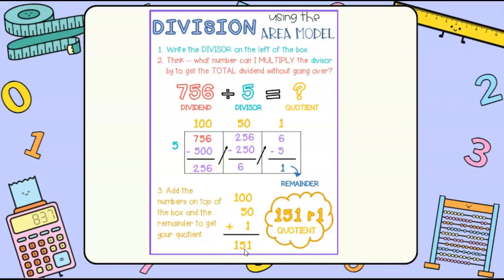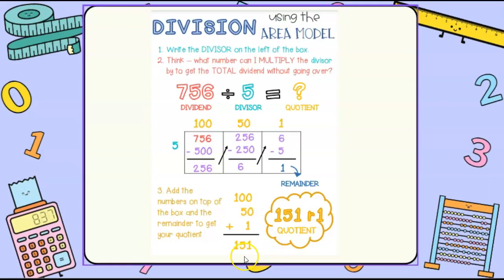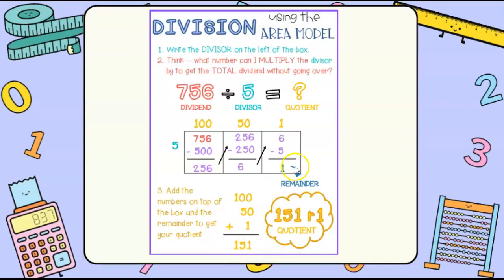The quotient is going to be 151 with whatever that remainder is. I will write my answer with the quotient first and then the remainder at the end. 151 R1 is going to be the answer to my problem.